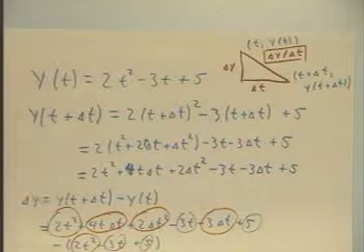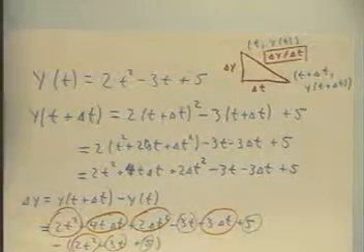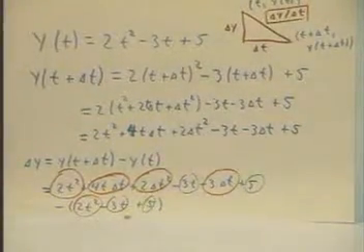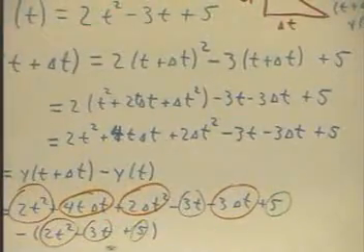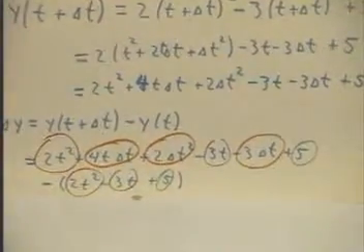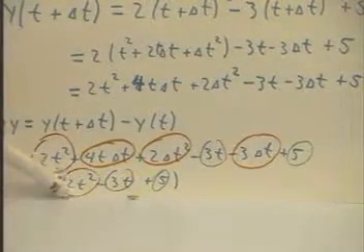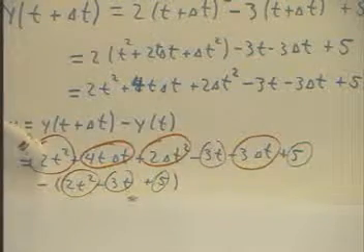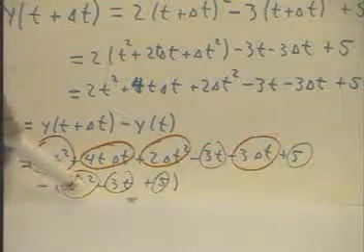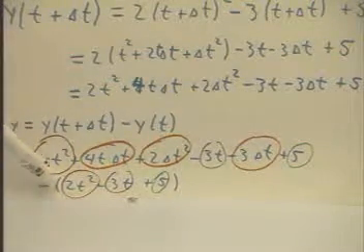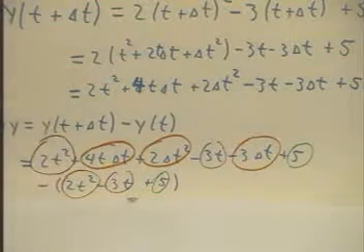Now let's look at what happens when we put those expressions down, because this is what happens anytime we do this for a quadratic model. We see that the 2t squared from the y of t plus delta t and the 2t squared from the y of t are identical, except this one's grouped in a subtraction, so they're going to cancel out.